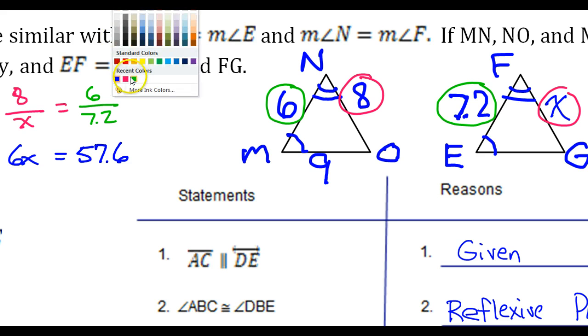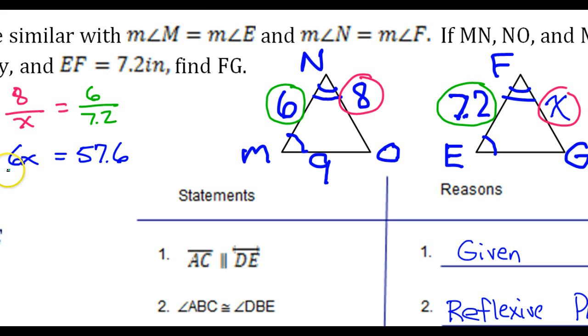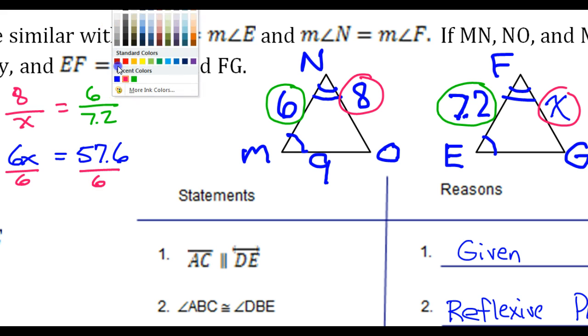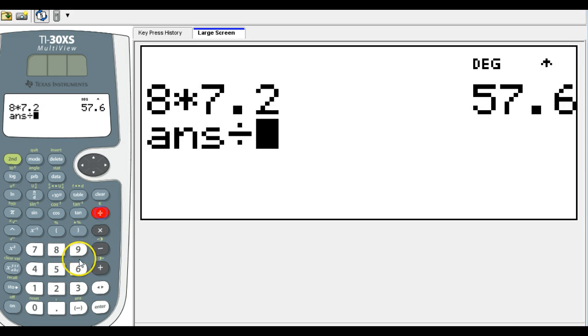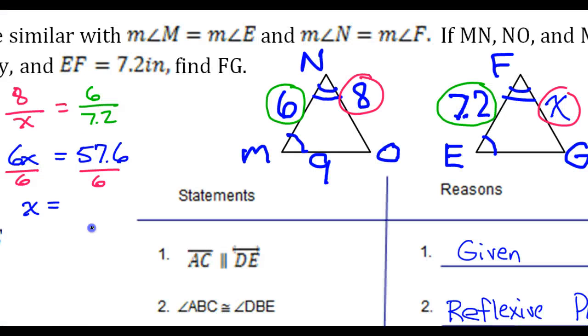And then we would divide by 6 on both sides, and you get 9.6. Alright, so that will be the length of FG.